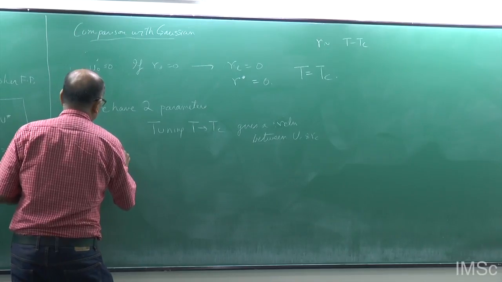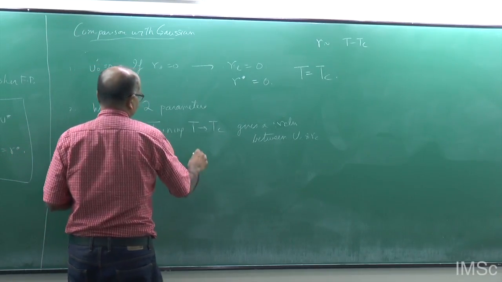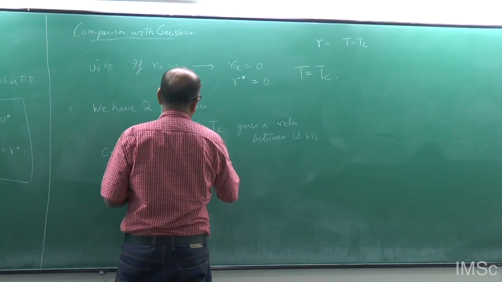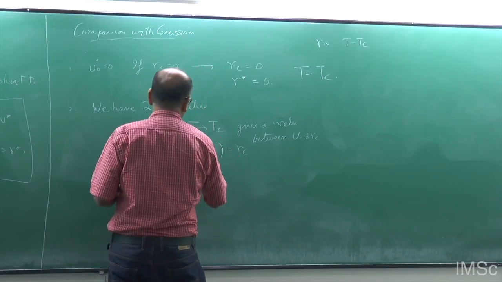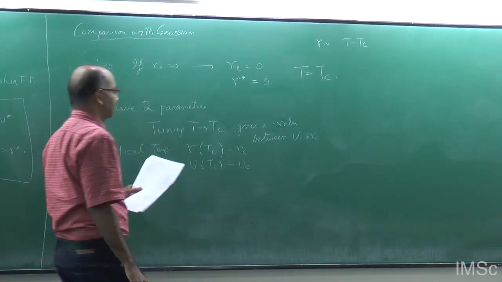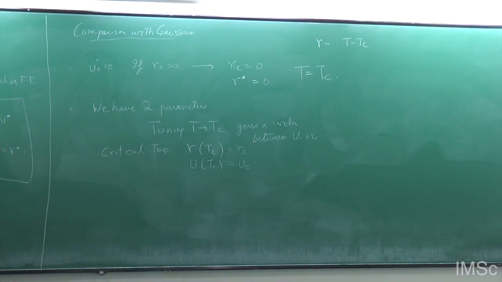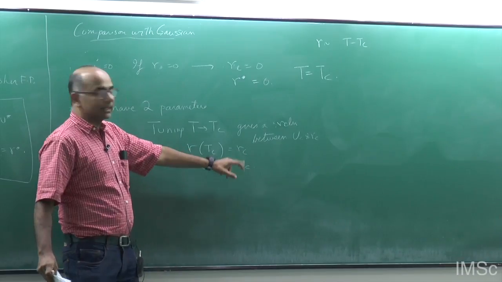At the critical temperature, R is some number we'll call RC, and U is some number called UC. And as you tune T, there will be some relation between RC and UC.